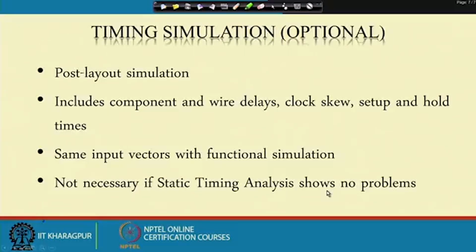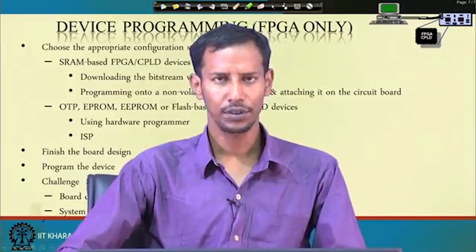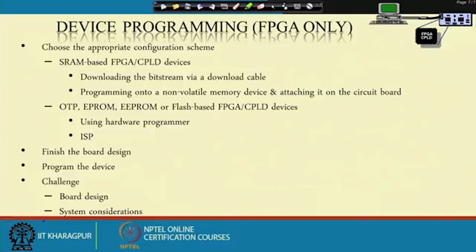So, whenever we are doing timing simulation, static timing analysis is one of the very important parameters. After that, since I am following FPGA, you have to do the device programming. Once everything is done and timing simulation is working fine, you can go for the device programming part.